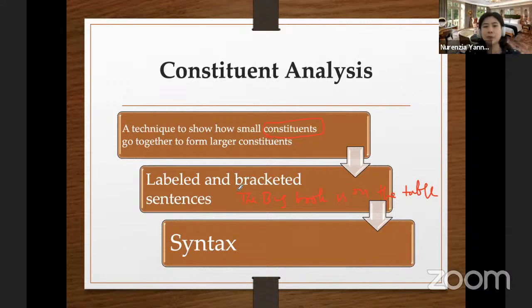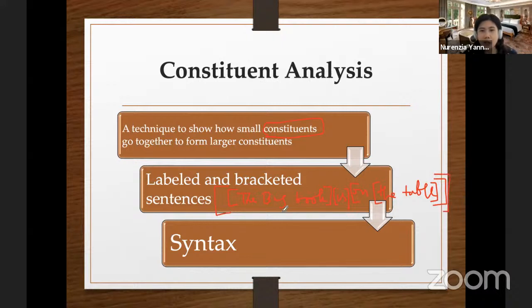So the big book, that's one constituent because it refers to one entity, one thing. And then is is the predicate, so you can leave it alone like this. And then on the table, that's the prepositional phrase. The table itself is an entity on its own, so you can put it in its own bracket. And then together, they make the sentence.